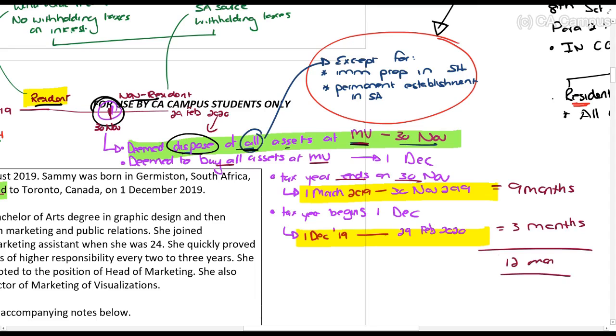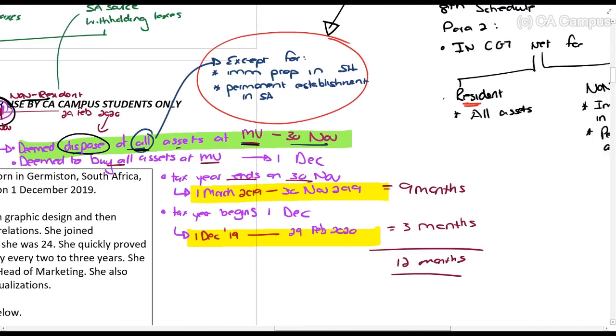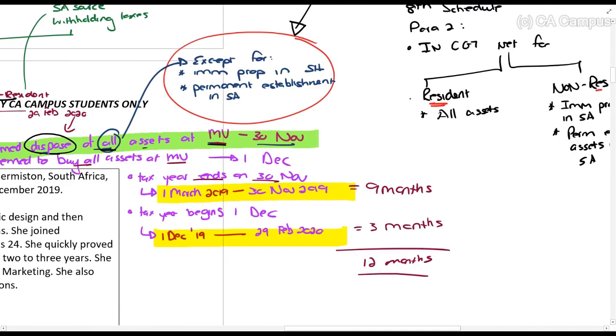Now, I know it's 2 different tax years, but amounts in the Act, like the section 10(1)(i) interest exemption, and abatements and all those things, you can only use it once. So if she's used it all in the 9 months, she's used it all up. There's nothing left in the 3 months. Now guys, this is not written in the Act. This is in fact an area where we don't really know how SARS would work with it, but this is the logic behind it and what they follow in some of the prescribed textbooks and so forth.